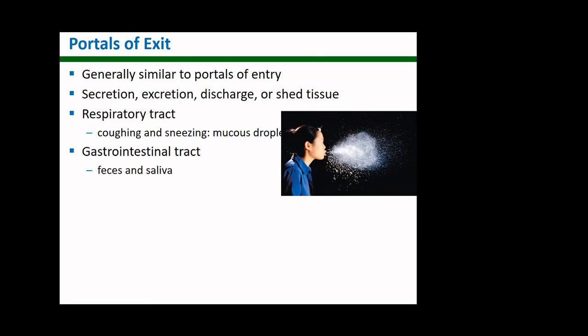They touch a surface, that bacteria gets deposited on that surface. You can then touch that surface, pick it up, and if you don't wash your hands before you eat or things like that, you can put that bacteria into your body. So it can be a very indirect spread, but that's how most GI bugs are spread.